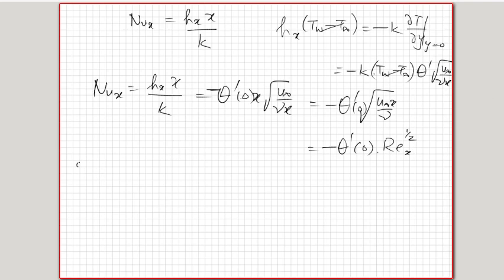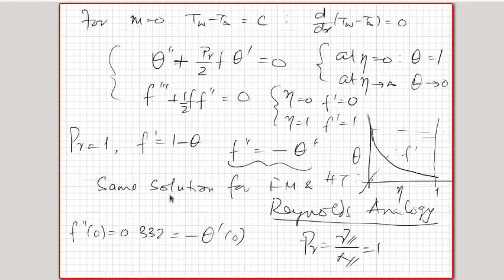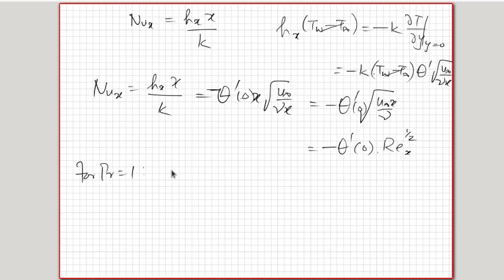Now for Prandtl number equal to 1, we have said that negative of theta prime at 0 is the same as positive of f prime. So minus theta prime at 0 is 0.332 in this case. So I get Nu x is equal to 0.332 Re x to the power of half.